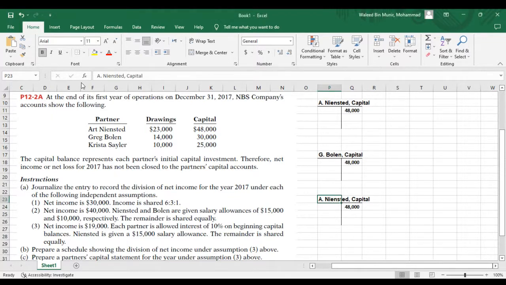This is what you do in accounting. The amount for the first one is 48,000, the second is 30,000, and the last one is 25,000.